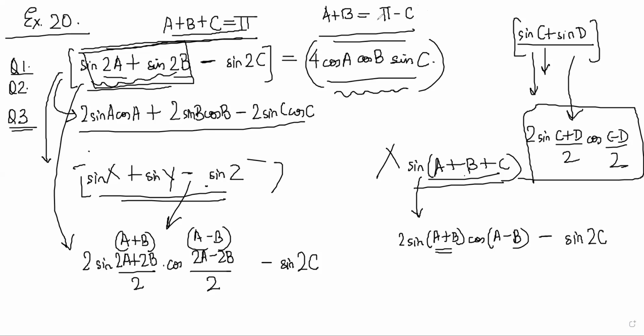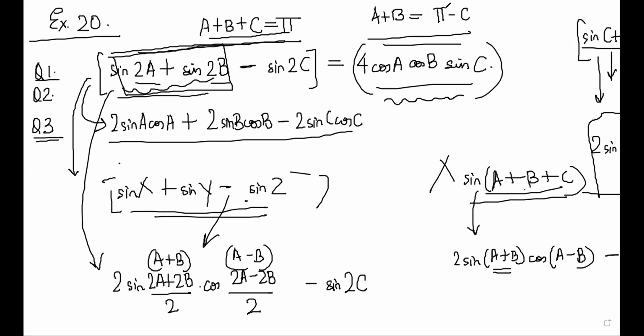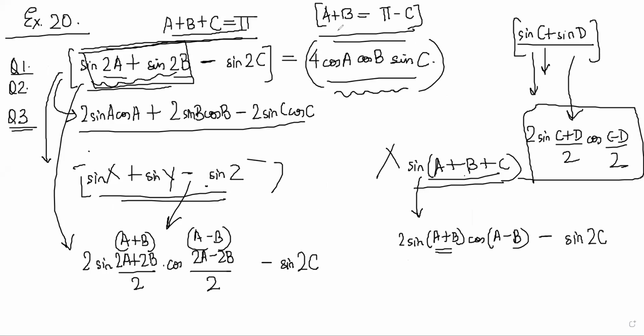Sine of 180 minus c is sin c. Why are you saying cos c, dude? If you forget old stuff, then there is no point in attempting this. You cannot do anything. Yes, sir, sorry. So it is 2 sine c cos a minus b.